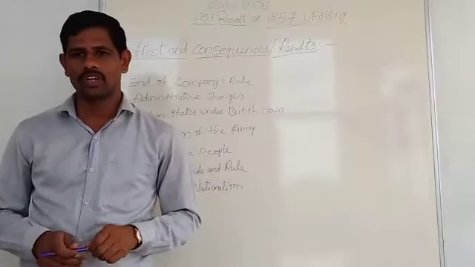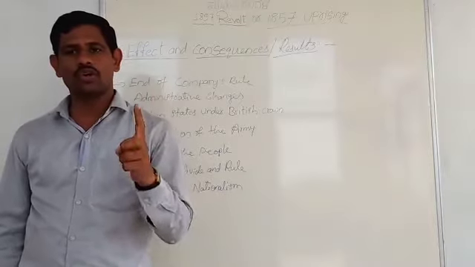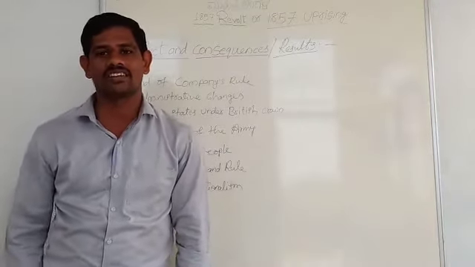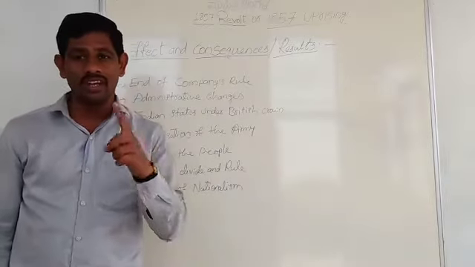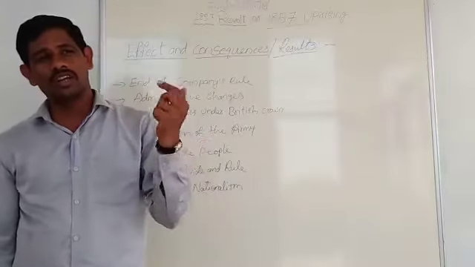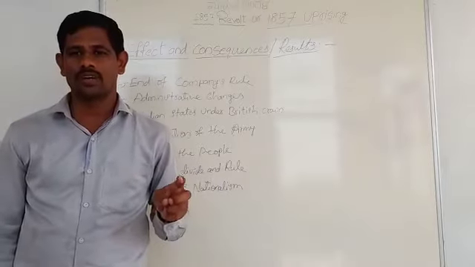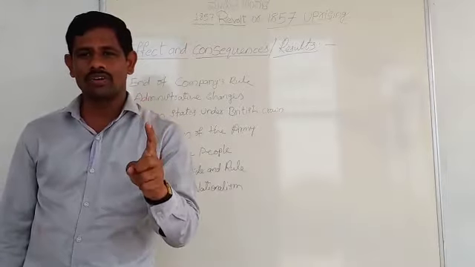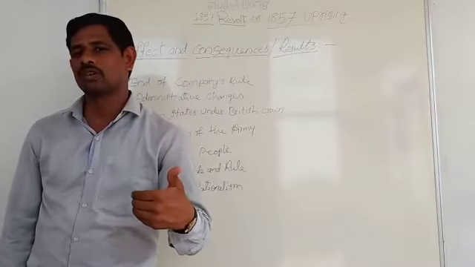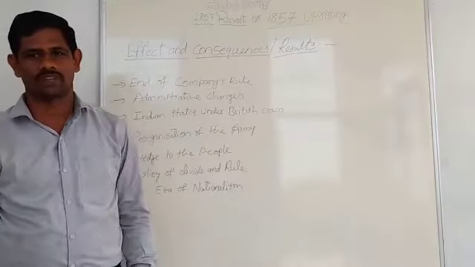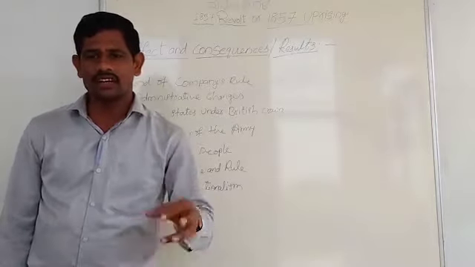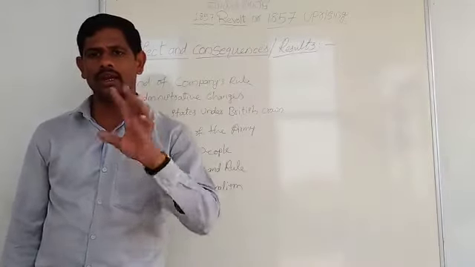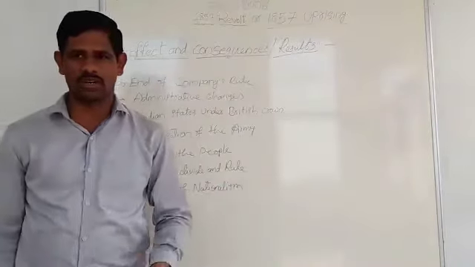The second point: there would be a Secretary of State in whom all the powers formerly exercised by the Court of Directors would be vested. And the Secretary of State would perform all his duties with the aid of the Indian Council.